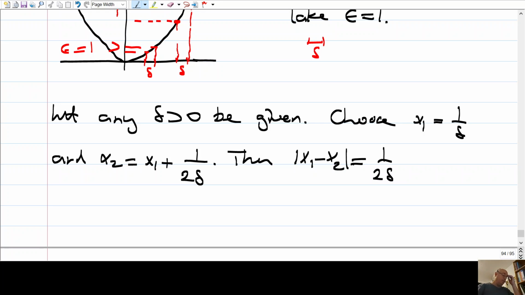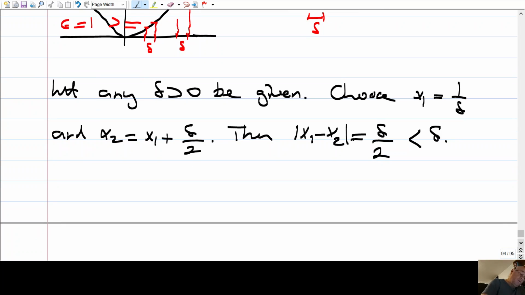Wait a minute, sorry. It's delta over 2, which is less than delta. So given any delta, I choose x1 and x2 so that the difference between these two is less than delta.